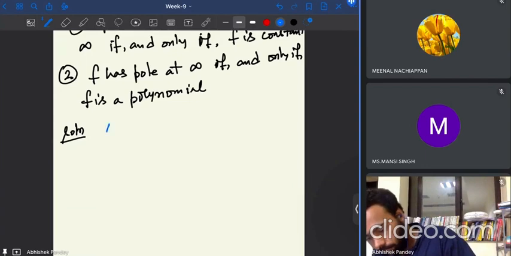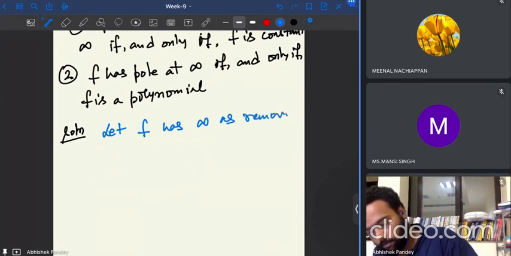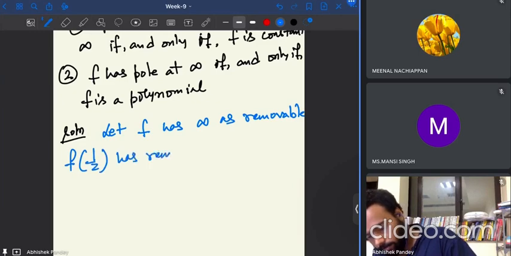So first let f have infinity as a removable singularity. What does it mean by definition? f of 1 by z has a removable singularity at 0.